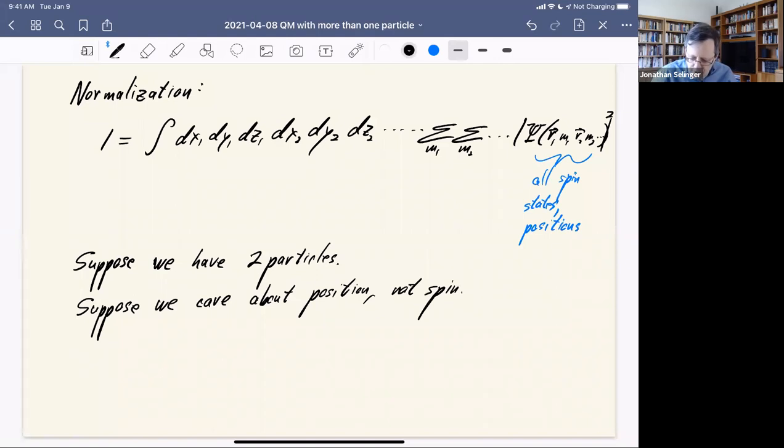And for the moment, suppose that the particles are distinguishable, like an electron and a proton.